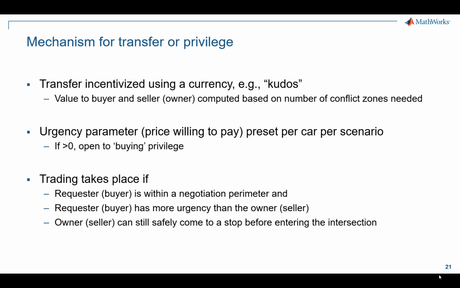And a trading or transfer takes place if all of these three situations are met. One is that the requester or the buyer is within the negotiation perimeter, and the requester has more urgency than the owner. And of course, the underlying requirement is that the owner can still safely come to a stop before entering this intersection by handing over the ownership to another car.